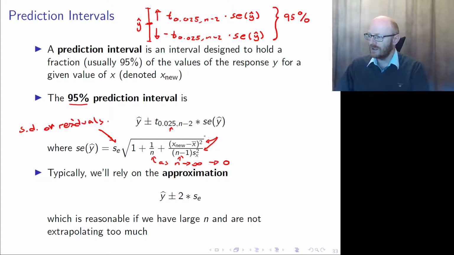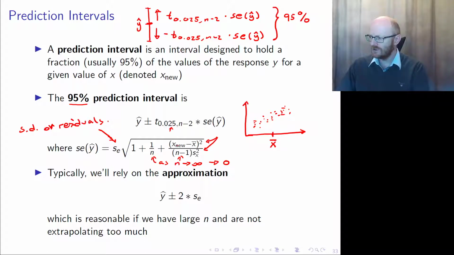Then all of these go to 0, and even this goes to 0, because this is the x new, which we can maybe make a drawing of. For example, you have all these data points, and this is the average of x.